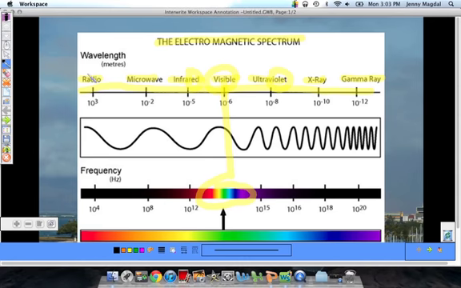So looking here, we see that the radio waves are the longest wavelength, or longest lambda, longest wavelength, which means that it is going to have the shortest frequency. I just misspoke there. Longest lambda means that it's going to take more time for waves to pass through, so it is the lowest frequency.